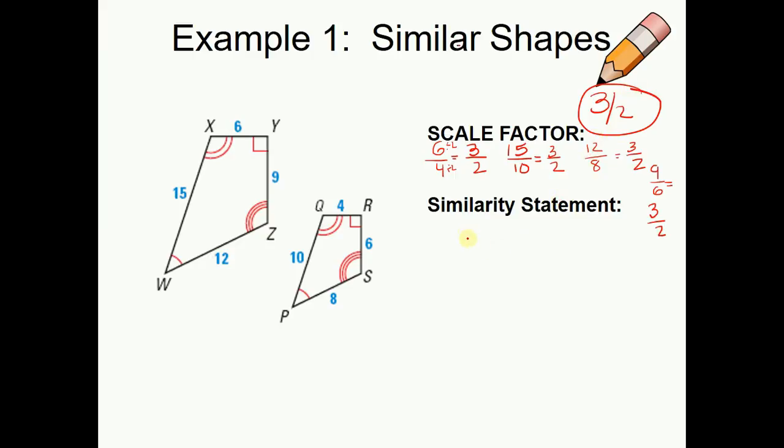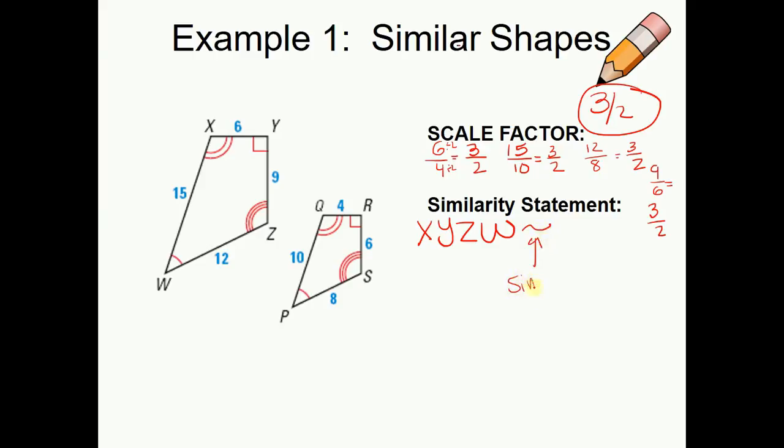Now, what does it mean by a similarity statement? Last semester you wrote a congruence statement. Similarity looks exactly the same. I'm going to start with my first shape, X, Y, Z, W. Earlier you would have written the equal sign with the little wave over it. Now, for similarity, it's just the little wave.